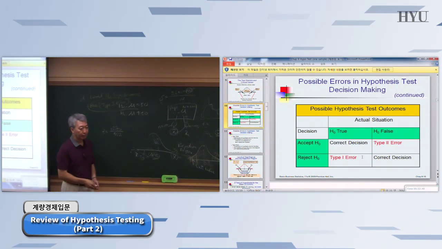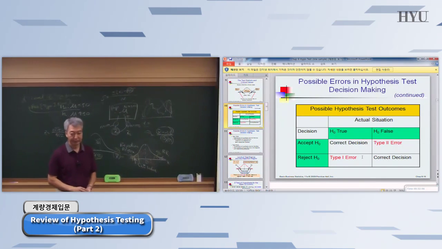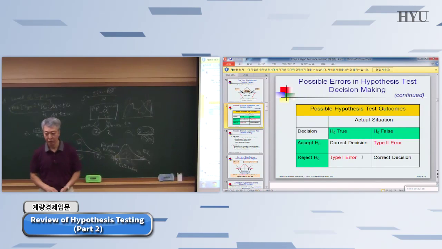But then why can't you just accept the null hypothesis? Well, because we are not certain. Even though the evidence suggests that the null hypothesis is true, there is still a possibility that it may not be true, because again, we are dealing with a sample.